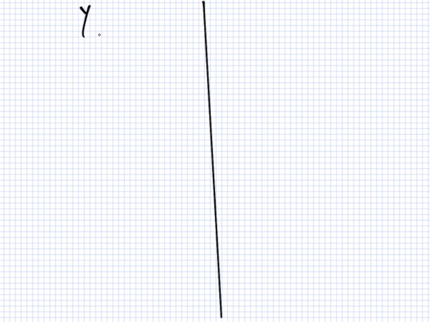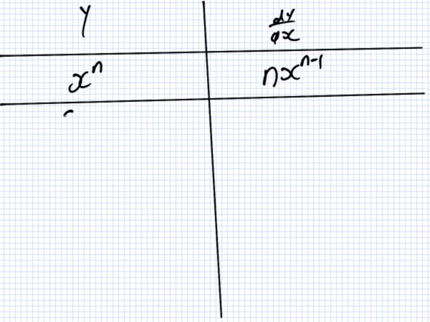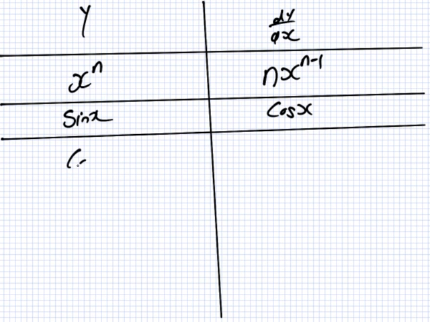I'll make a table. So here is y, and here is dy/dx. So the first rule we've done, if you have x^n, the derivative is nx^(n-1). Next one I'll do is sin x. That becomes cos x. Cos x, that becomes minus sin x.